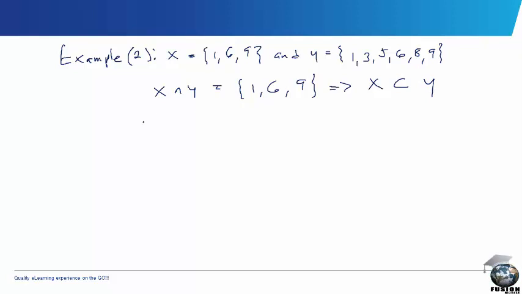So the representation takes the following shape.